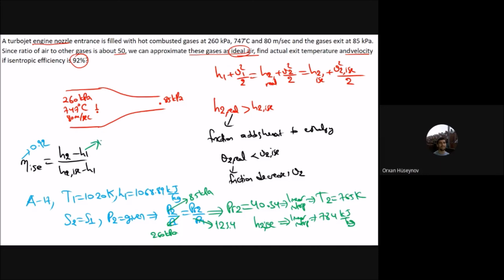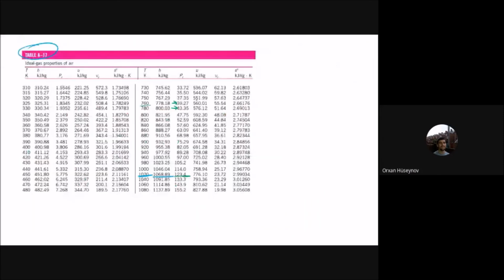Now let's go back to our formula. H1 is 1068.89, and this one is 784. If you calculate the formula here, you will get that the H2 value, the real one, is 806 kilojoules per kilogram. For that one, you can again go to the chart.